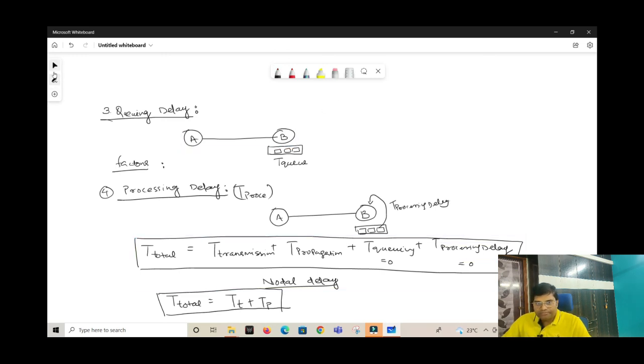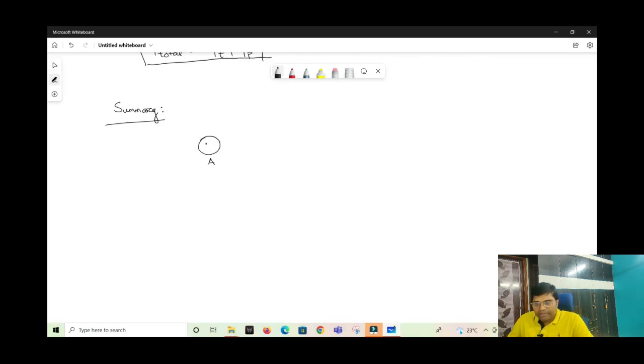Okay, till now we have discussed sender A and receiver B, connected with each other in a transmission medium. The amount of time to put this data into the transmission medium is called the transmission delay. After the data is there, the amount of time it takes to physically move from sender A to receiver B is called the propagation delay.